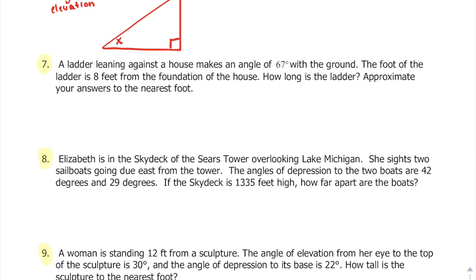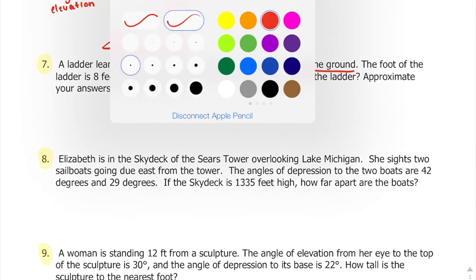If you're unsure whether or not it's an angle of elevation problem, look for whether or not the person is looking up or down, and if the angle is on the ground. Anytime it says angle with the ground, it's an angle of elevation problem, and you should draw your triangle the way I've just drawn it.